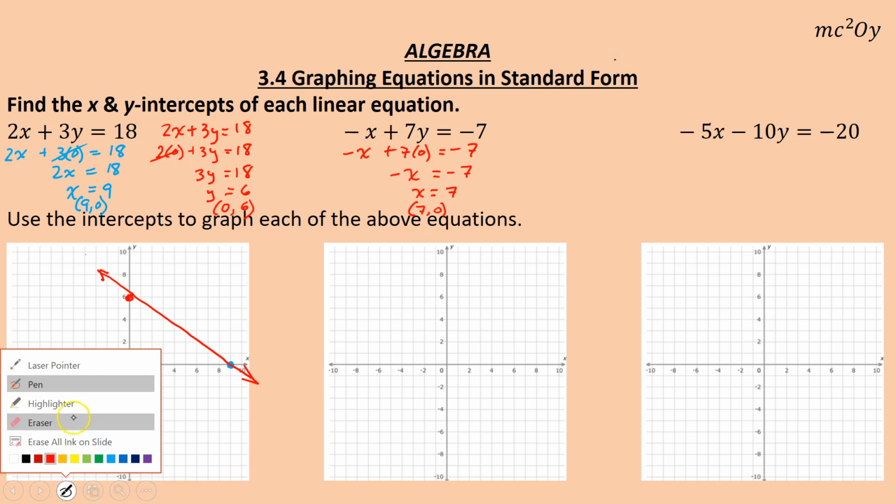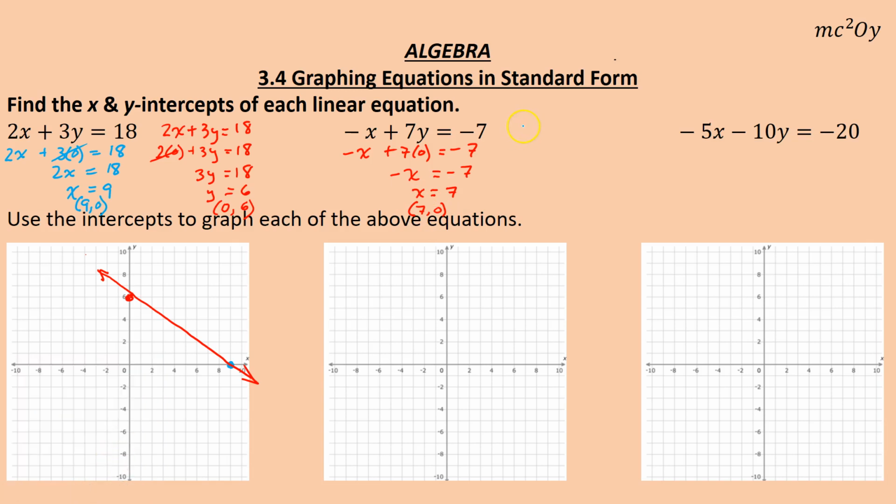And then we'll go to the y-intercept, so we have -x plus 7y equals -7. We're going to put 0 in for x this time, so we get -0 plus 7y equals -7. And really, -0 doesn't exist, it's just 0. We get y equals, divide by 7, -1.